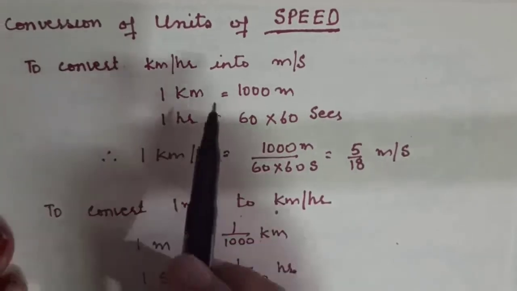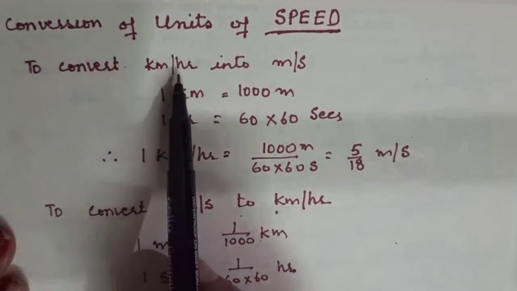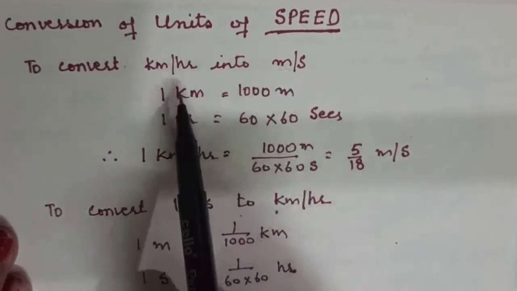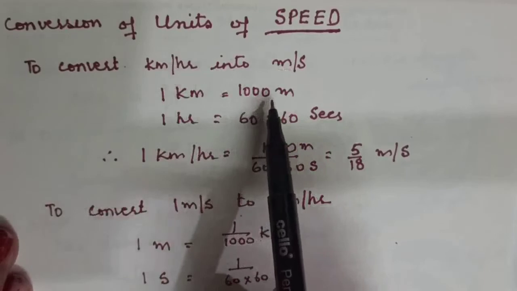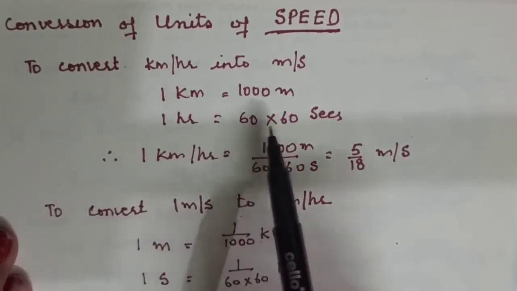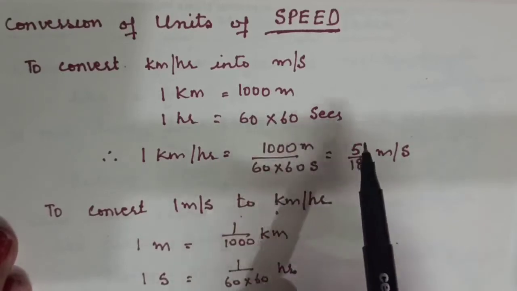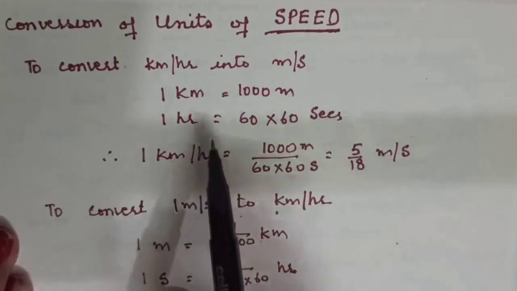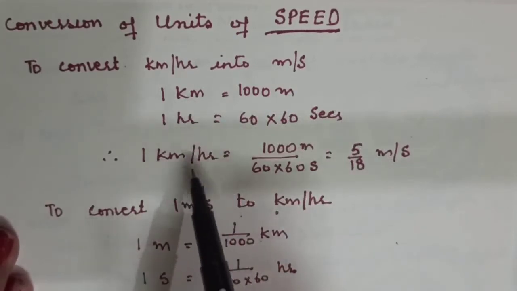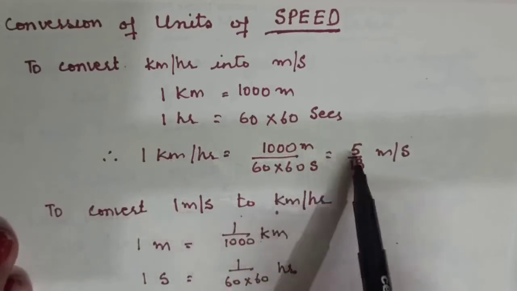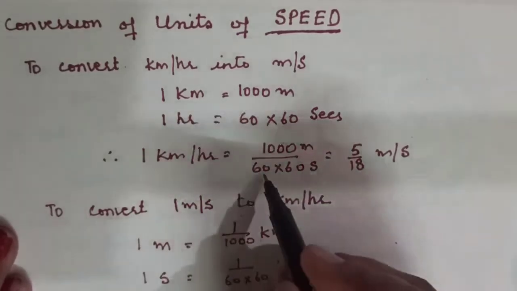To convert the unit of speed from kilometer per hour to meter per second, we know 1 kilometer is how many meters? 1000 meter, and 1 hour we can write as 60 minutes into 60 seconds, so it is 3600 seconds. So when we have kilometer per hour, per means upon, so it means 1000 upon 60 into 60, and we reduce it to lowest terms.